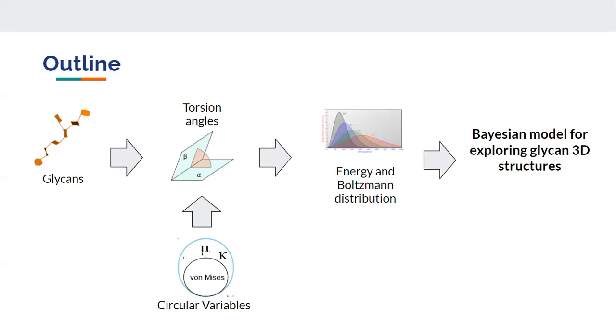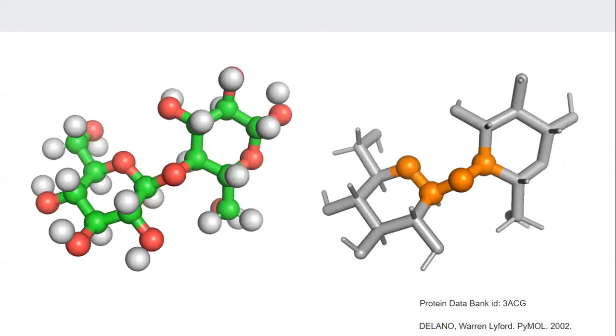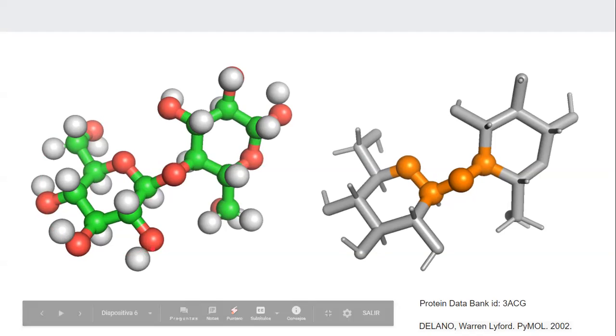Now I'm going to tell you about torsion angles. For that, let's take a look at this glycan molecule. It is a small one, as it only has 2 subunits. And in this representation, every atom in the molecule is shown.